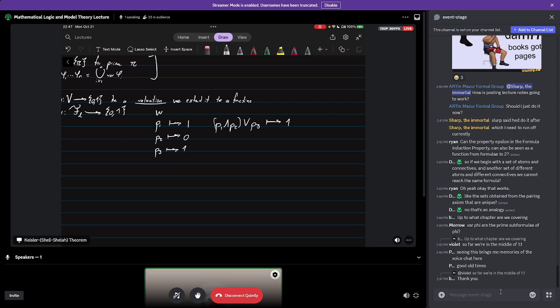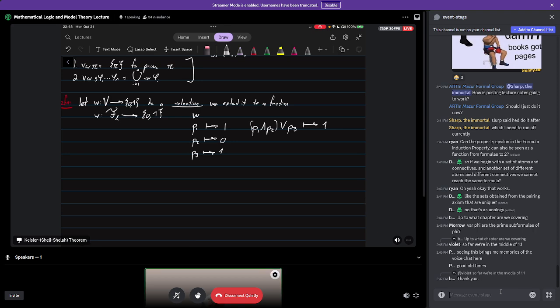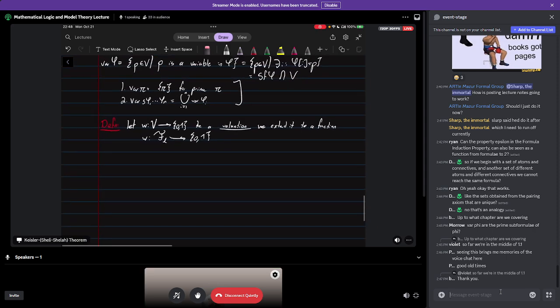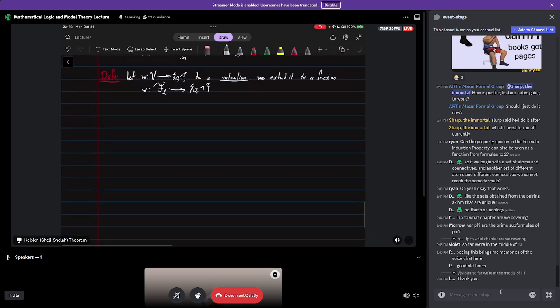That's the idea of extending w from assigning values to variables to now assigning values to formulas, and we're going to do this through formula recursion. So 1, for a prime formula pi, w of pi is already defined, because pi is literally in V, and we start with a function from V to {0, 1}.